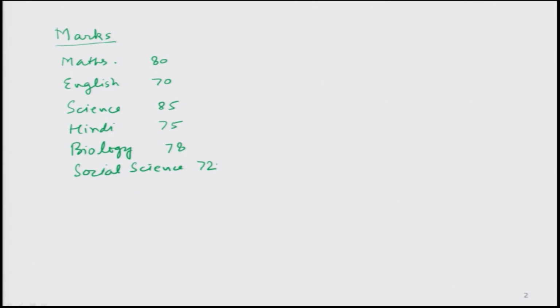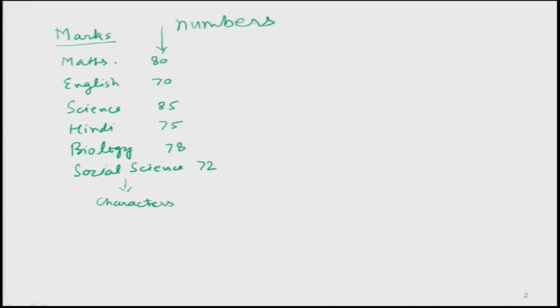Now, in this structure, what do you find? That I have here two types of structure. One, these are some characters. And on this side, we have numbers.